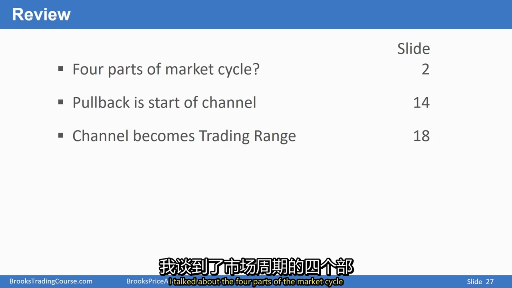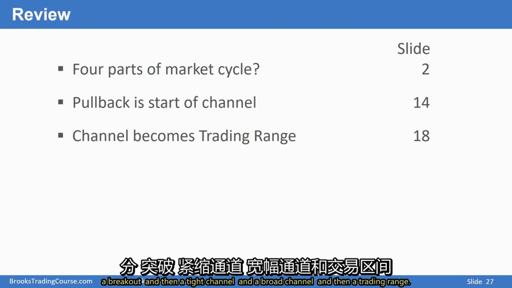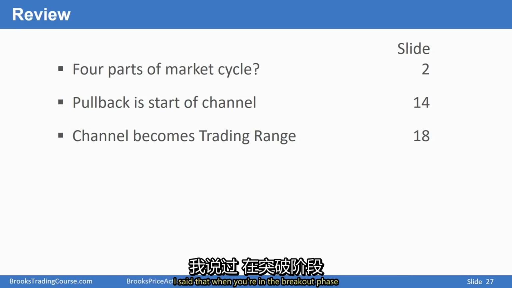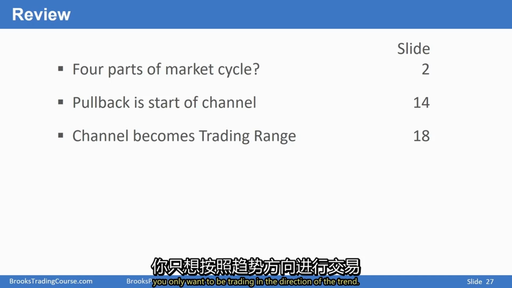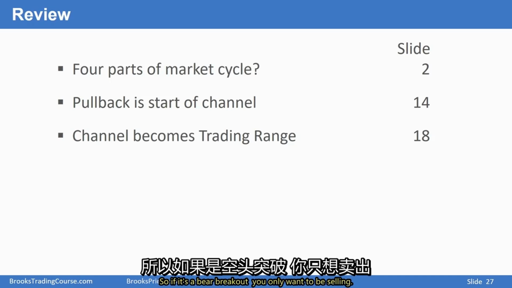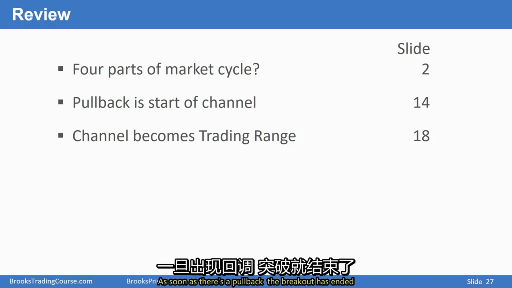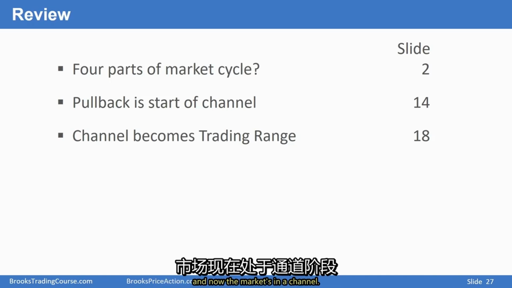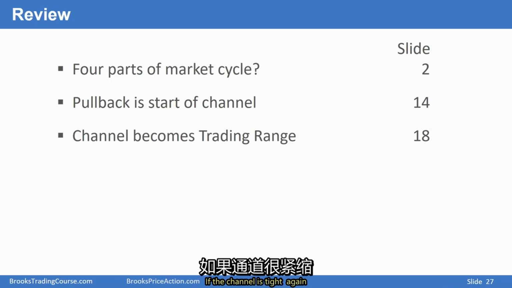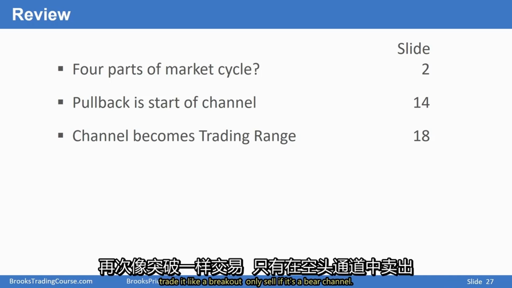I talked about the 4 parts of the market cycle: a breakout, and then a tight channel, and a broad channel, and then a trading range. I said that when you're in the breakout phase, you only want to be trading in the direction of the trend. So if it's a bear breakout, you only want to be selling. As soon as there's a pullback, the breakout has ended, and now the market's in a channel. If the channel is tight, again, trade it like a breakout, only sell if it's a bear channel.